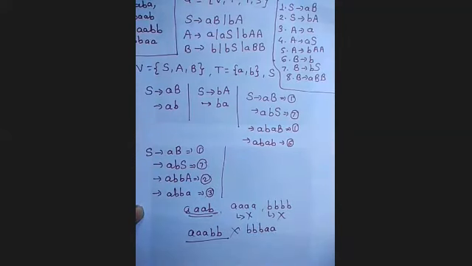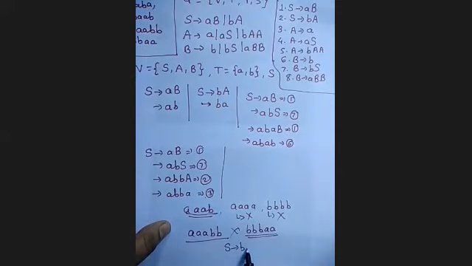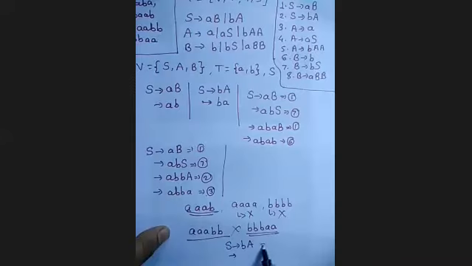Atul, unmute yourself and tell me how you have derived the string. First is rule number 2. You are starting with rule number 2. Okay, S gives BA. Next step. Next is rule number 5. Okay, rule number 5 is what?